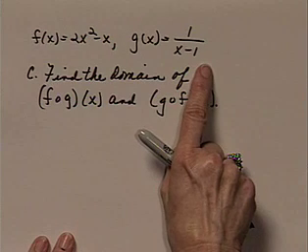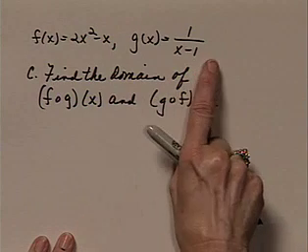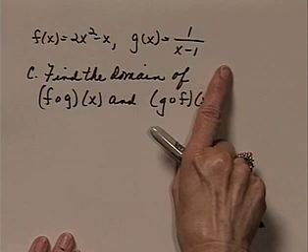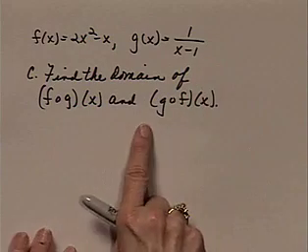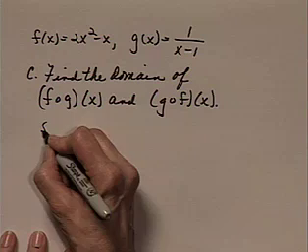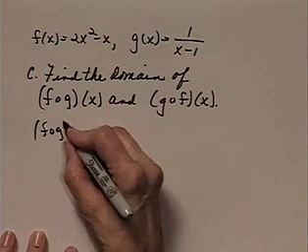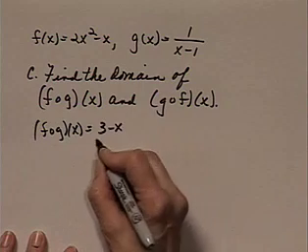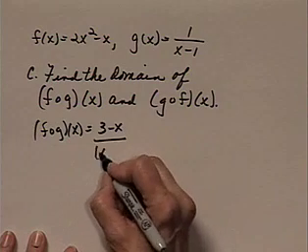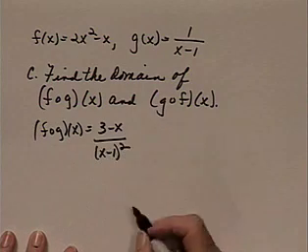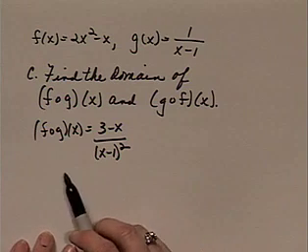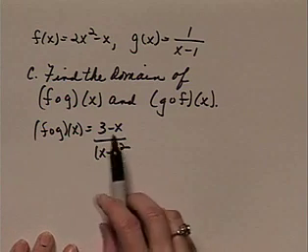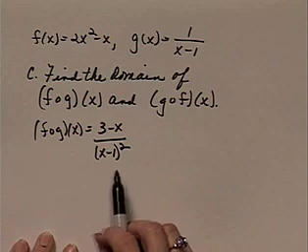So we know the domain of the composite function cannot contain x equals 1. Now, let's take a look at our composite functions again. f composed with g of x, remember, is 3 minus x over x minus 1, the quantity squared. In this case, the only problem area we have was when x is equal to 1.